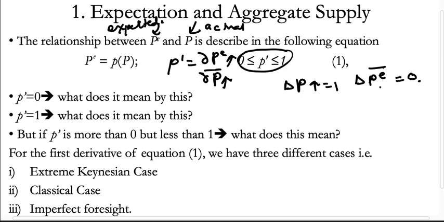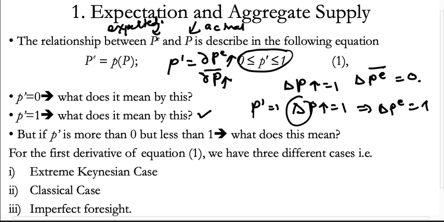You get what I mean here? But if you look at the second case, if we have P prime equivalent to 1, that means a change in actual price by 1 unit relates to a change in expected price also by 1 unit. So actually the change here is the delta sign, yeah?